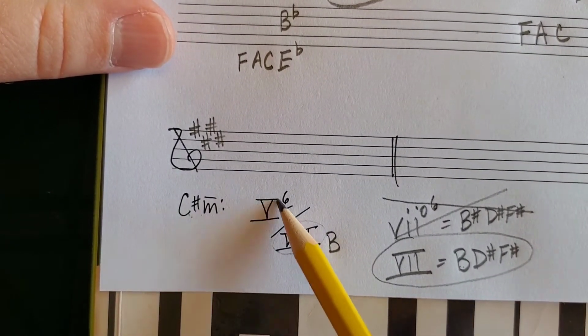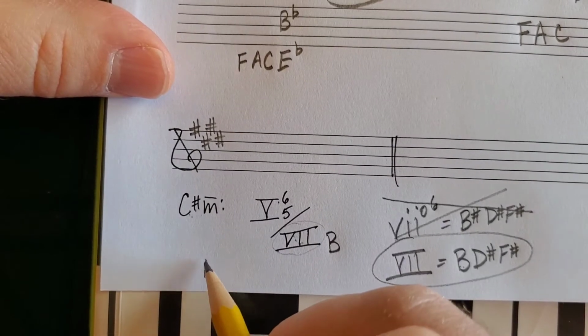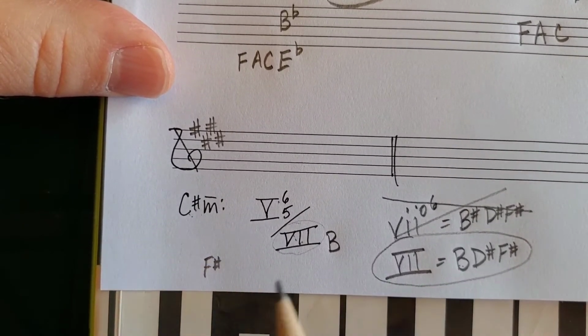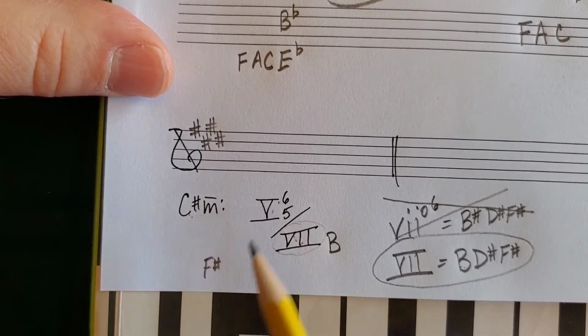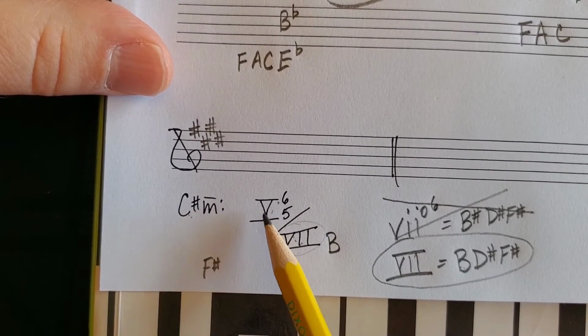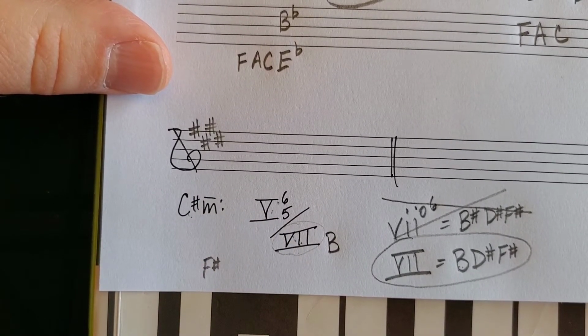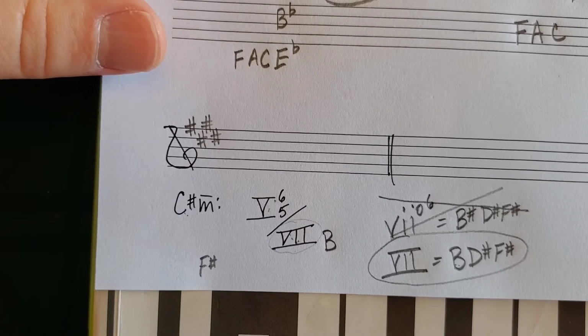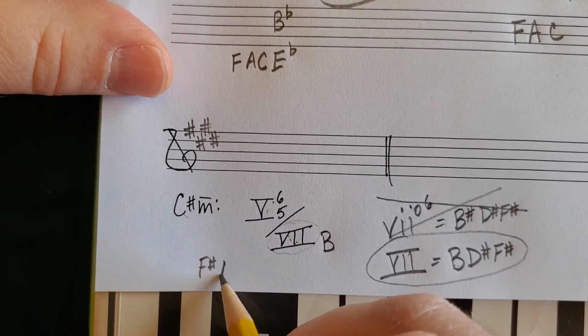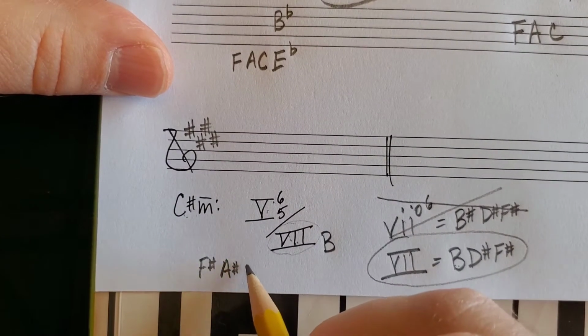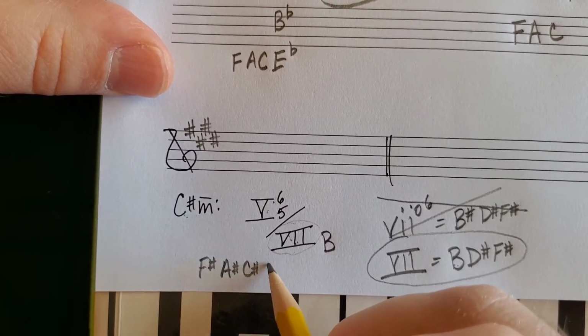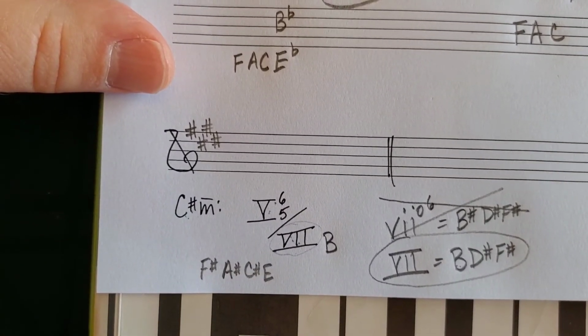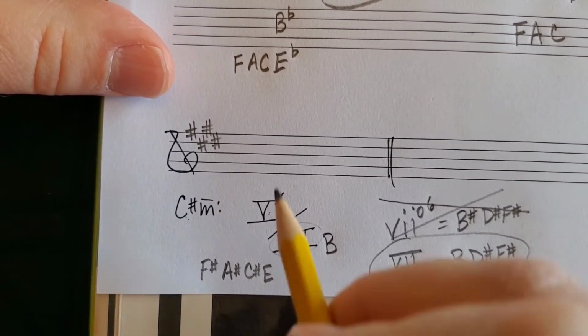Okay, then the dominant of B is F sharp. And this time we want to spell a major minor seventh chord. I know that because the top part tells me which type of chord to spell and also what the inversion is. So F sharp, A sharp, C sharp, and E. Put the A sharp in the bass.